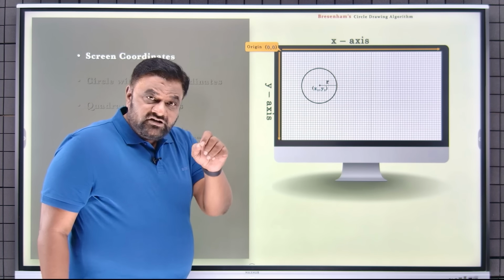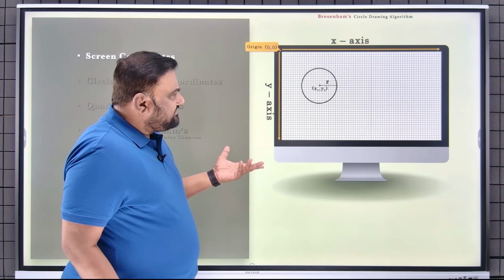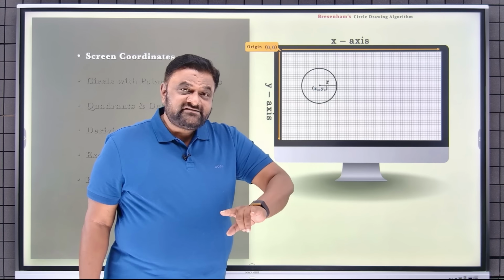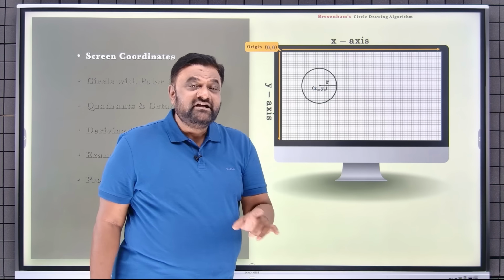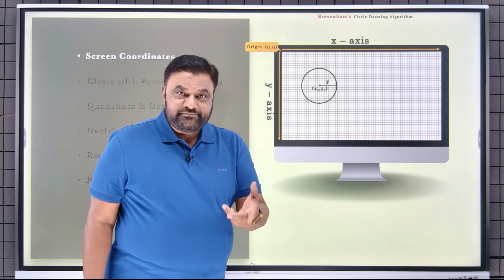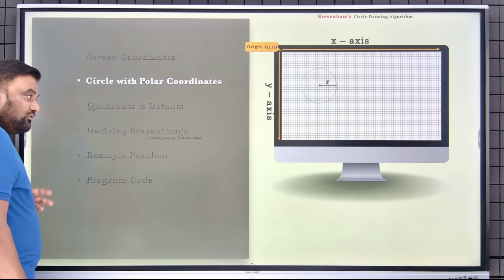Now we need all the pixels on the circumference. How to get it? So for that, we can use some mathematics. So by using radius and theta, because a circle runs from 0 to 360 degrees, we can use radius and theta, that is polar coordinates. It is called as polar coordinates. So let us see polar coordinates. So drawing a circle with polar coordinates.